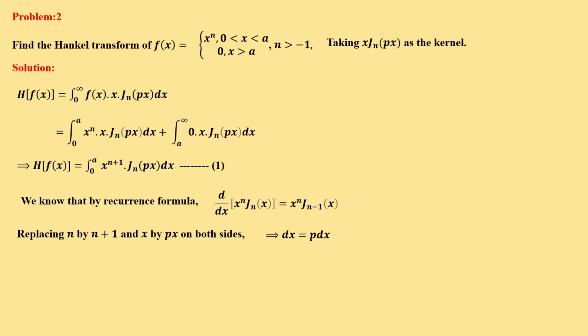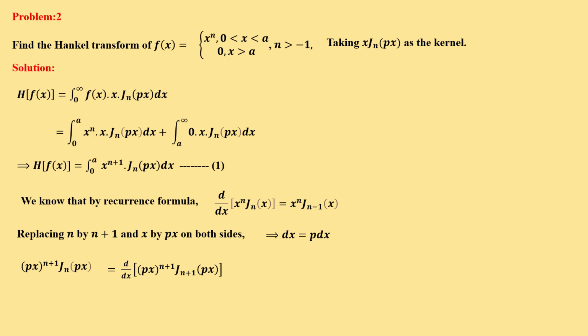So (px)^(n+1) J_n(px) is equal to d/dx of (px)^(n+1) J_(n+1)(px). First we take the left-hand side: instead of x we are replacing px, so x^n becomes (px)^n, replaced by n+1, so (px)^(n+1). Then J_(n-1) becomes J_((n+1)-1), so plus 1 minus 1 gets cancelled and you will get J_n(px). That is the left-hand side.